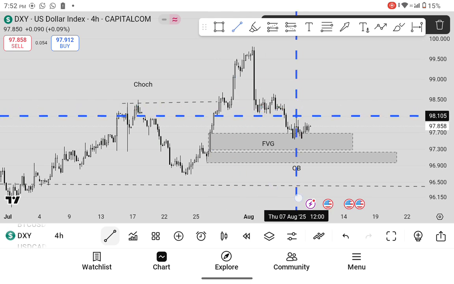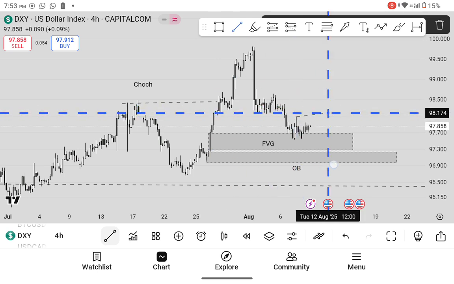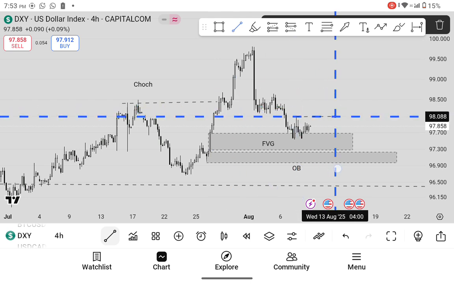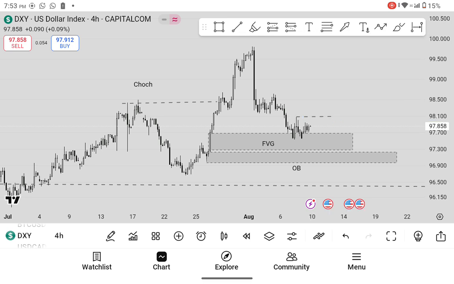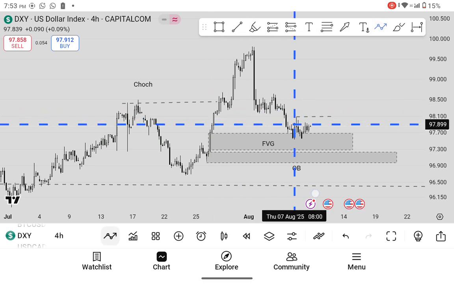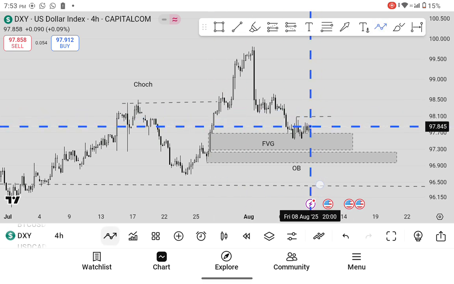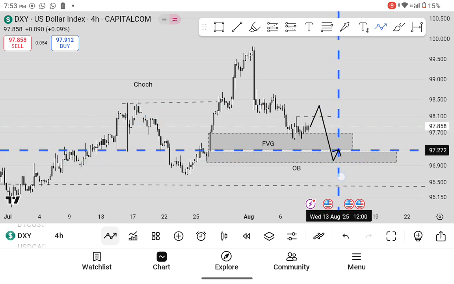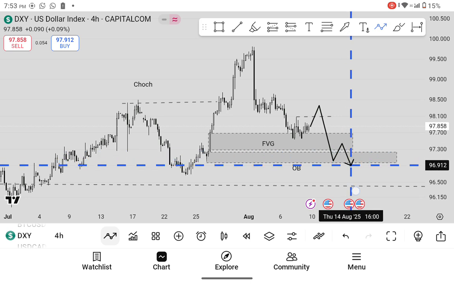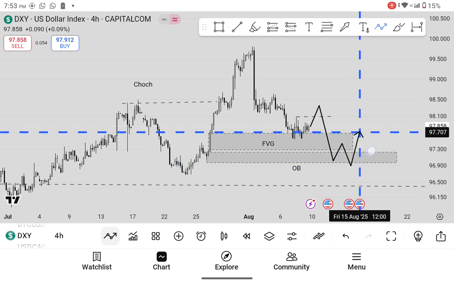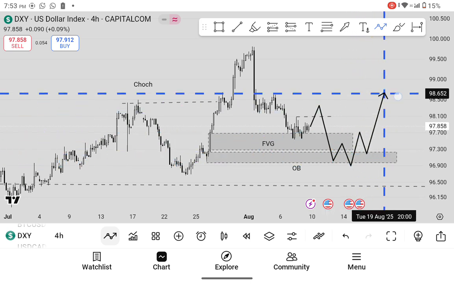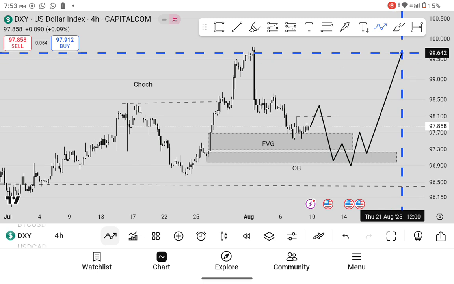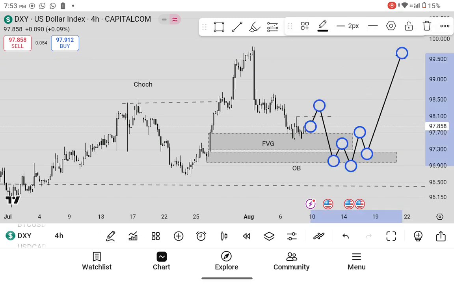So when the market opens, what are we expecting on the DXY in our 4-hour time frame? I will be expecting the market to take out these highs and rally now to the order block before we start looking at our change in the state of delivery to have more buys to the upside. And this is how I'm expecting the market to give us Monday or Tuesday probably.